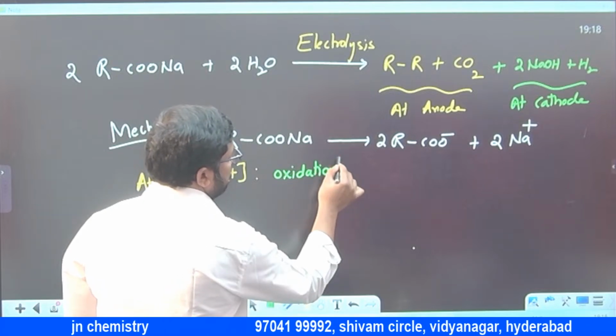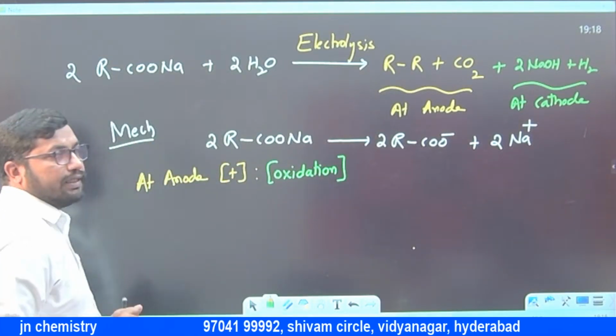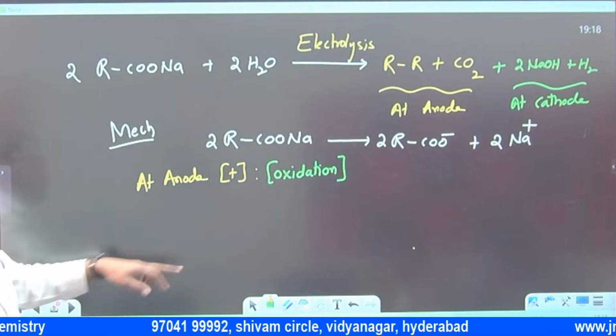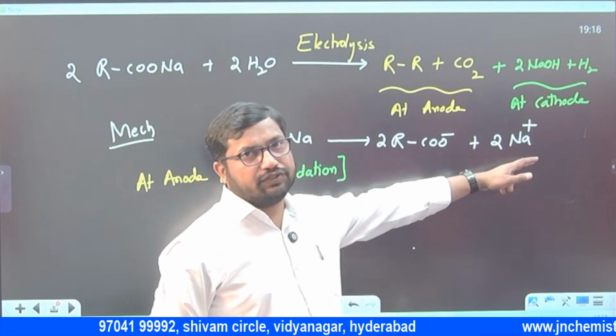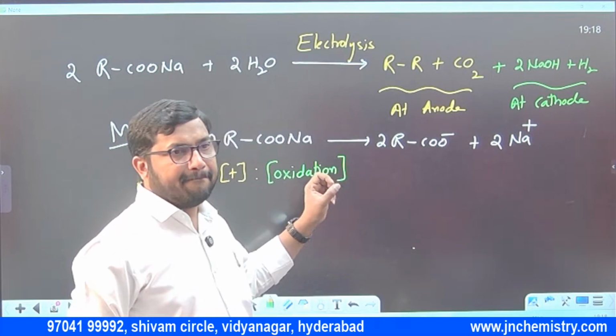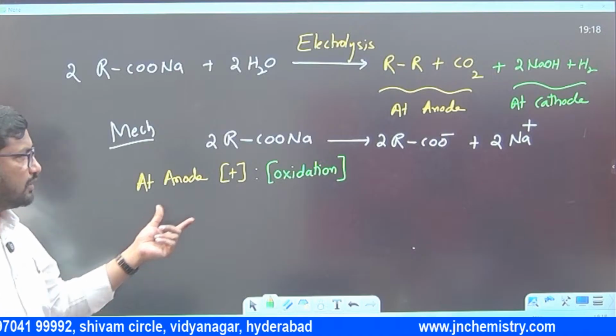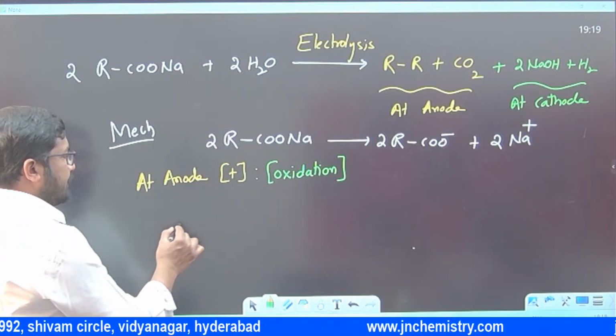Oxidation. At anode, oxidation reaction takes place. So of RCOO minus and Na plus, which one is coming to anode? RCOO minus.